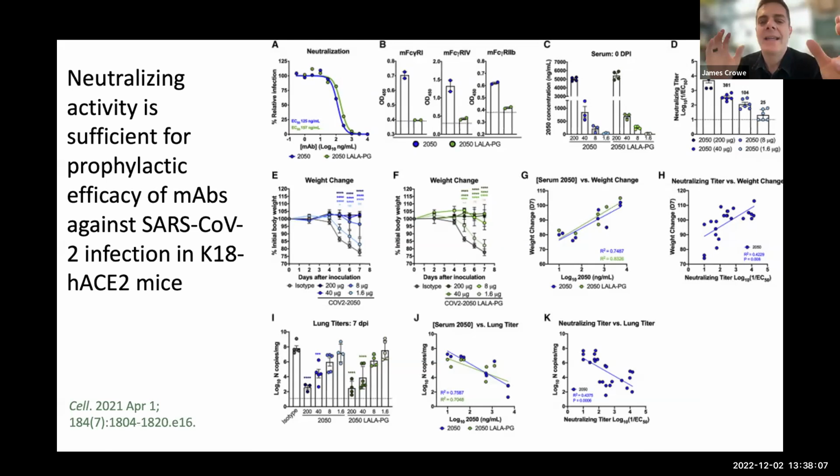We find adding the PG to LALA is a better knockout for rodents because you had an incomplete knockout with LALA. So we use LALA-PG as the full knockout for rodents. Basically, you can compare the wild type antibody and the LALA-PG, and you don't see any difference in prophylaxis. They look identical.